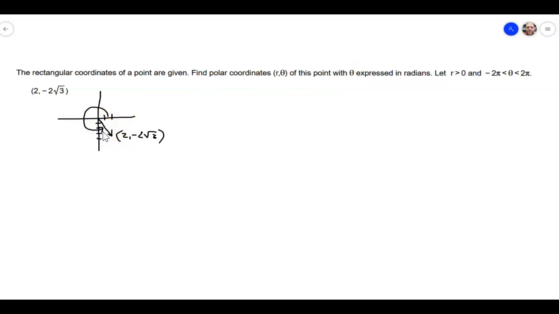All right, so let's get working on this. The radius just uses the distance formula, so r is equal to the square root of each of these values squared and summed: 2 squared plus negative 2 root 3 squared.